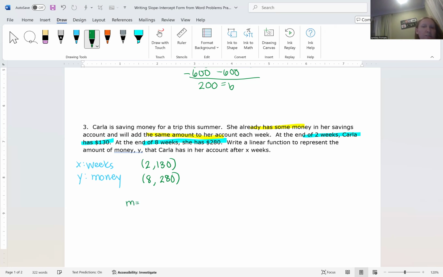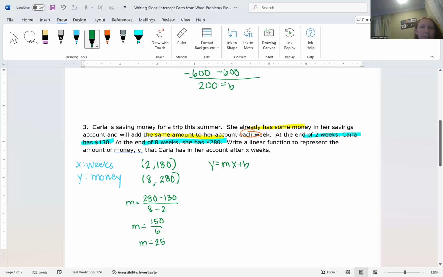Remember, with slope, it's y minus y, so I'm going to do 280 minus 130 over x minus x. We do that math, and it gives us 150 over 6, which means our slope is 25. That's how much she's saving each week, so our slope is $25 each week. Now we can plug things into y equals mx plus b.